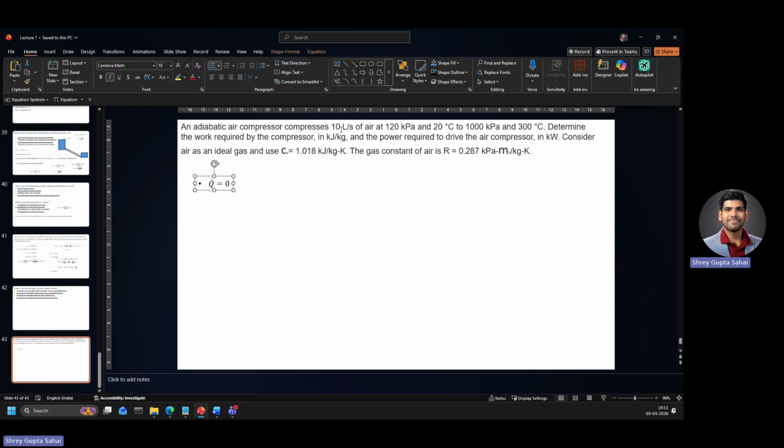First of all, it is asking for specific work, which is in kilojoules per kg. And then there is the power required to drive the air compressor, which is the total work. So flow rate into whatever. Consider air as an ideal gas. Use Cp to be this, gas constant to be this.